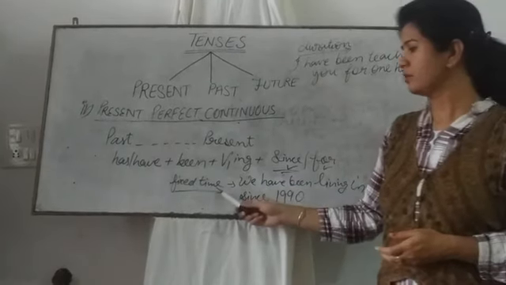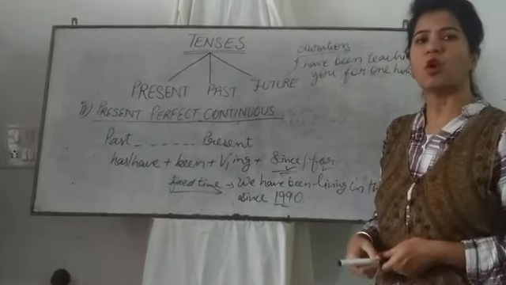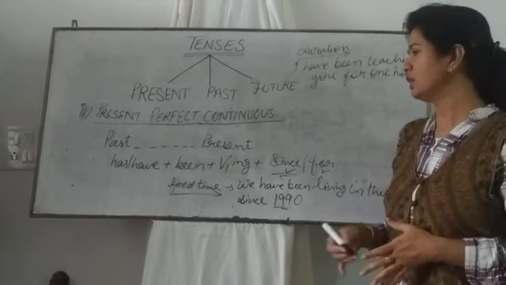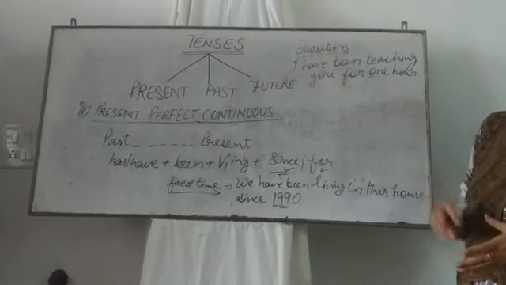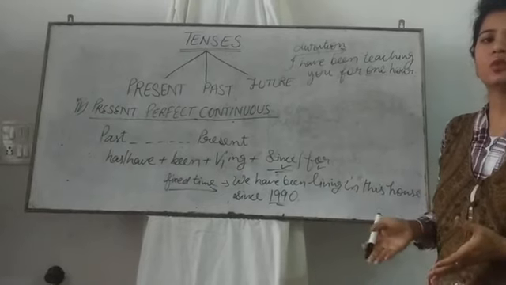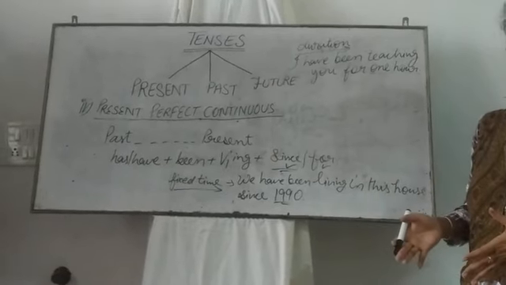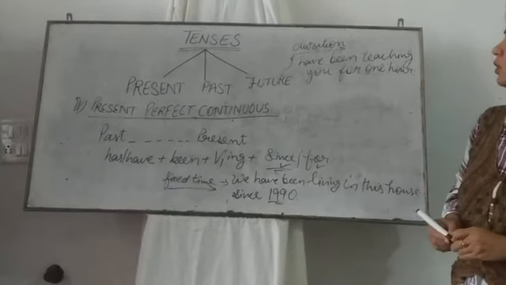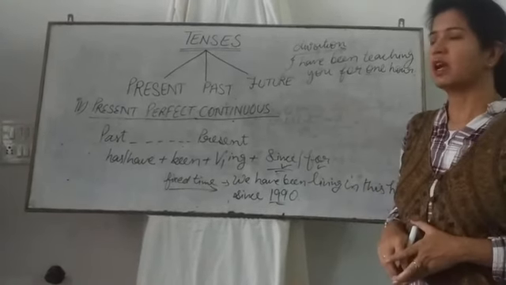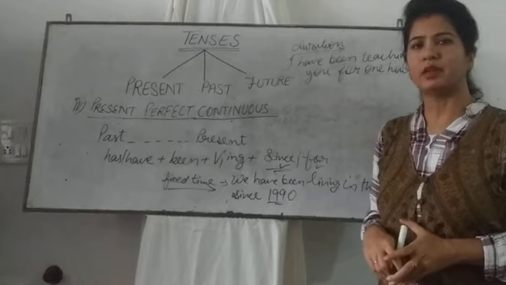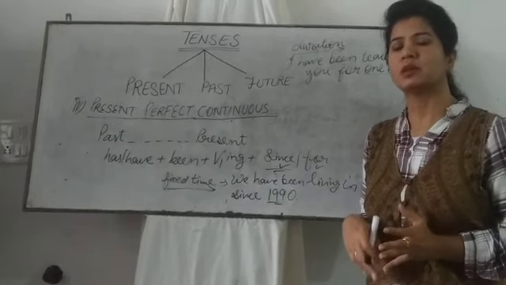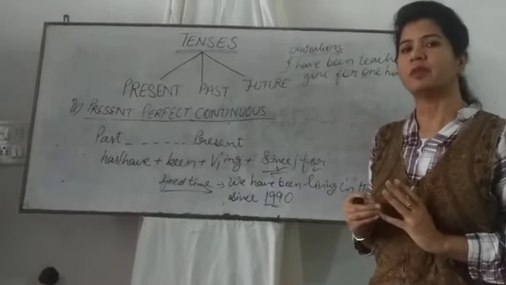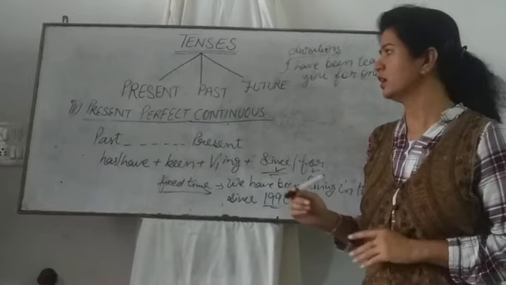For fixed time we use since morning, since evening, and for duration, for 2 days, for 5 years, any duration. So in this way we have learnt about simple present tense, present continuous, present perfect and present perfect continuous tense.